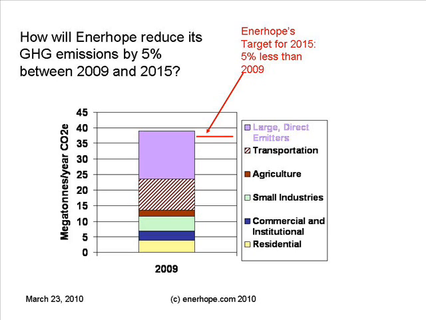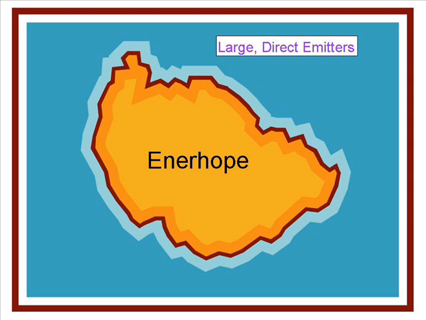The graph shows that the sector with the biggest emissions is large direct emitters. The government decides to introduce emissions trading to reduce the emissions of large direct emitters. Who are these large direct emitters?